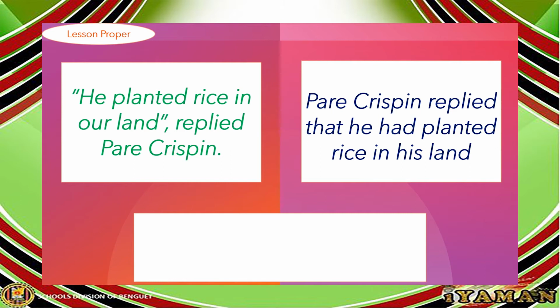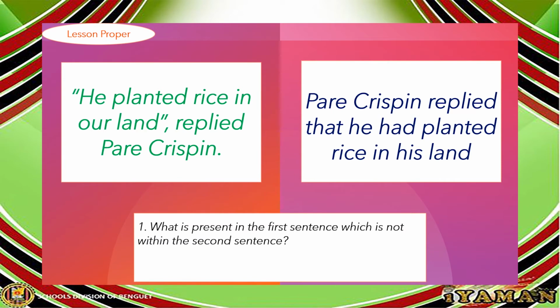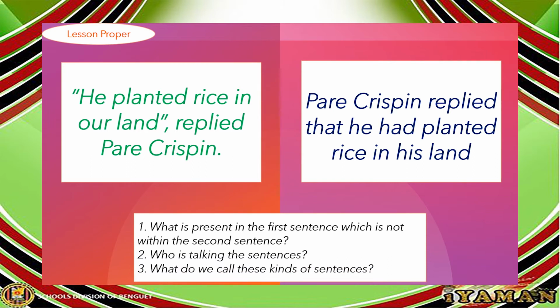The questions are the following. First, what is present in the first sentence which is not within the second sentence? Second, who is talking in these sentences? And the third one, what do we call these sentences?